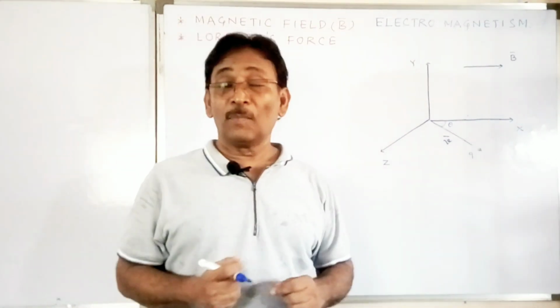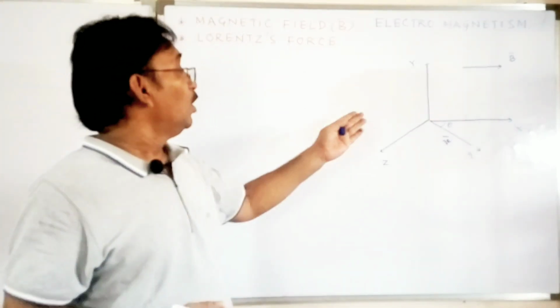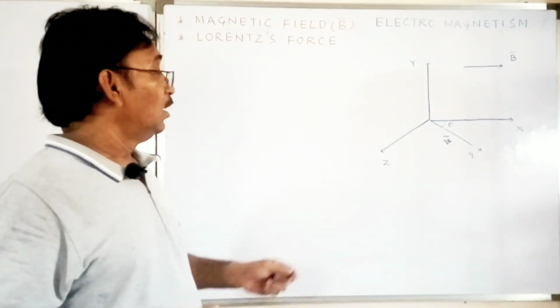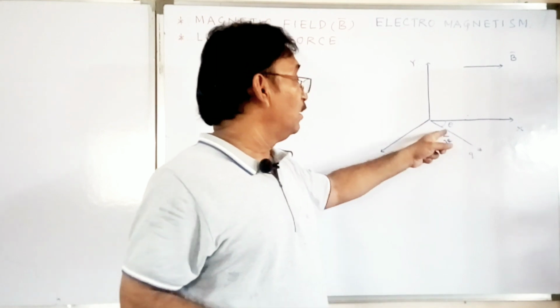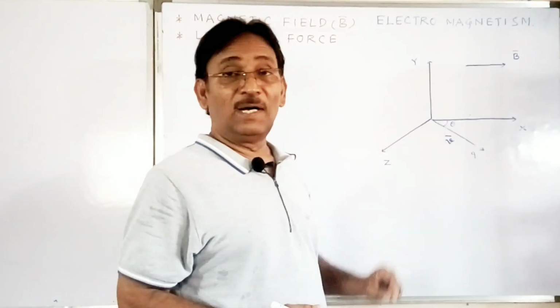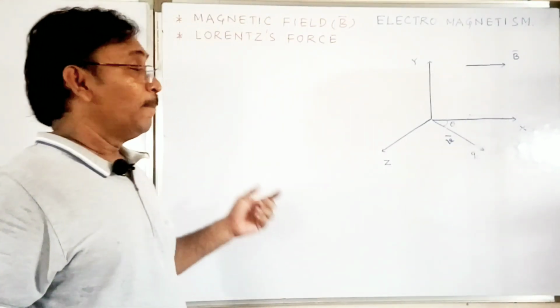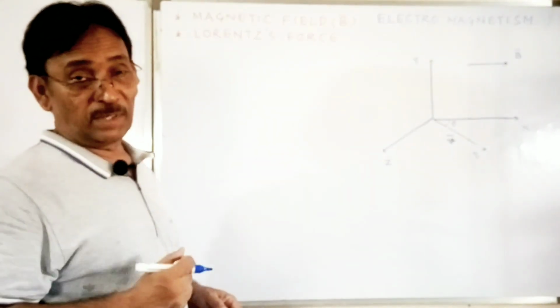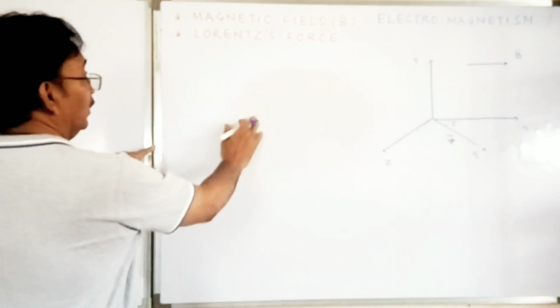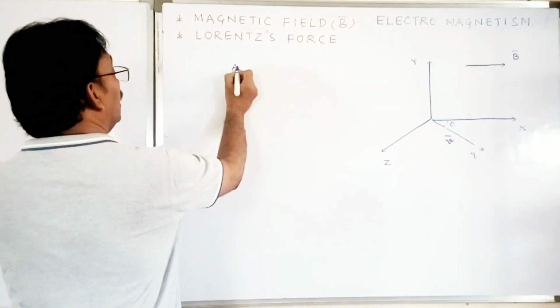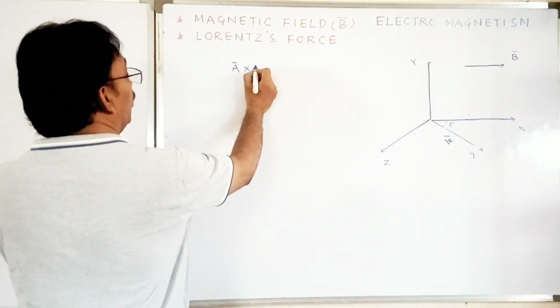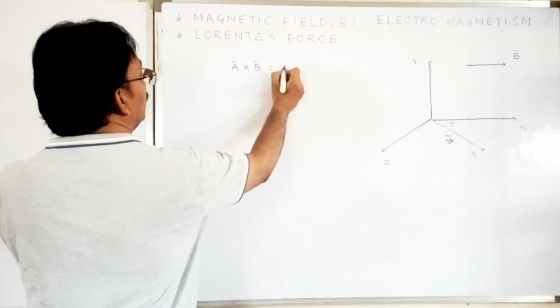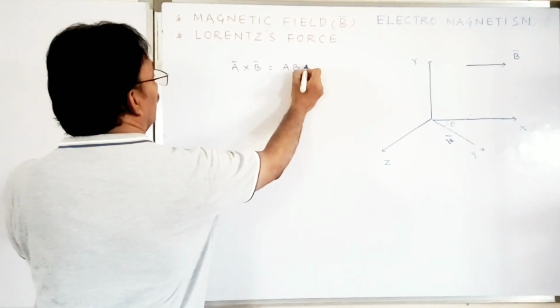To understand the concept of force acting on a charged particle which enters a magnetic field making an angle of theta, we have to learn the basics of the cross product. You know that the cross product of two vectors is written as a bar cross b bar equals AB sin theta.